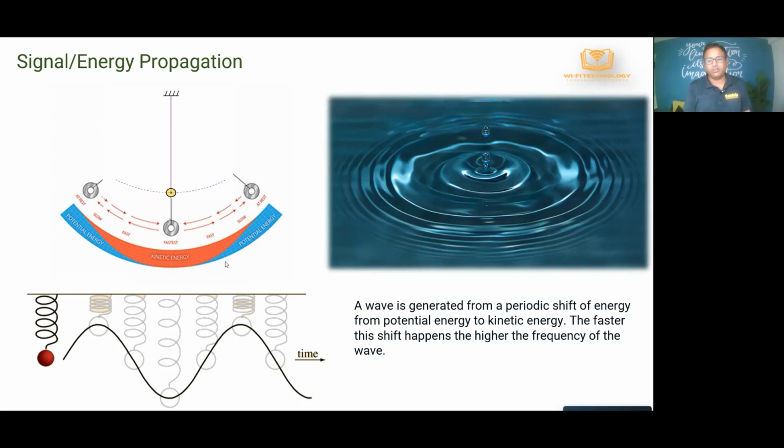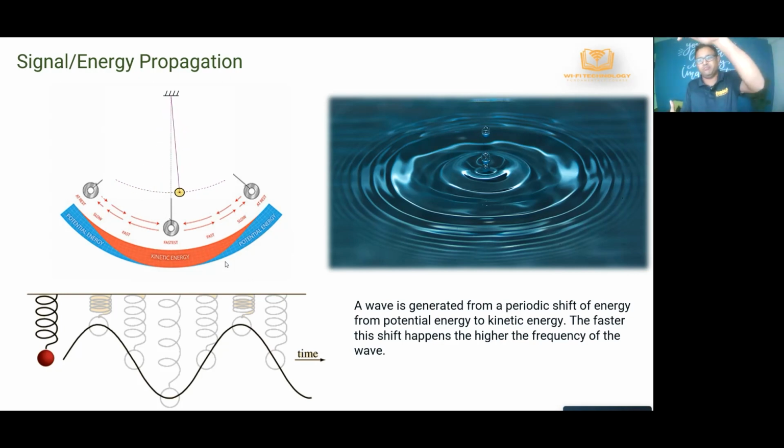If you look at the same example of when you drop a drop of water into a pool, you can clearly see that the energy that it generates is being transmitted, propagated in the form of waves, right? You drop a drop of water and that generates some energy, some disturbance, and then as it starts traveling, it starts getting resistance, and because of that, it slows down, and the kinetic energy gets converted into potential energy, and it goes up.